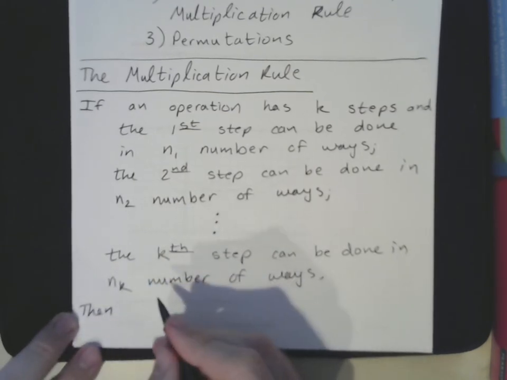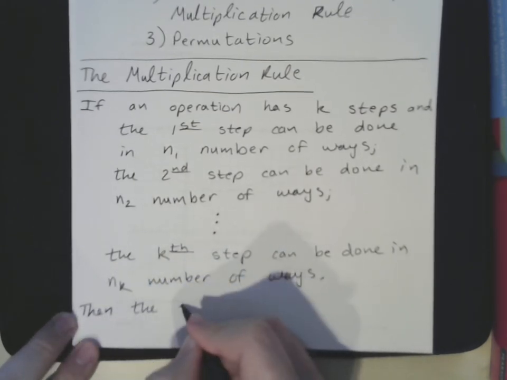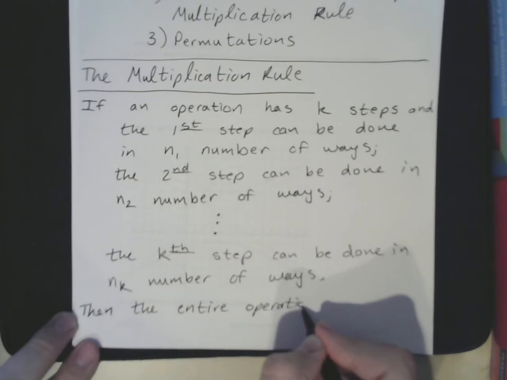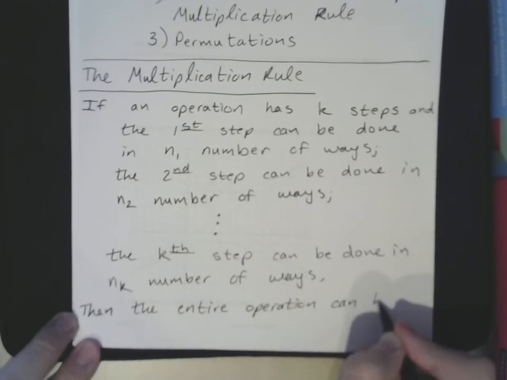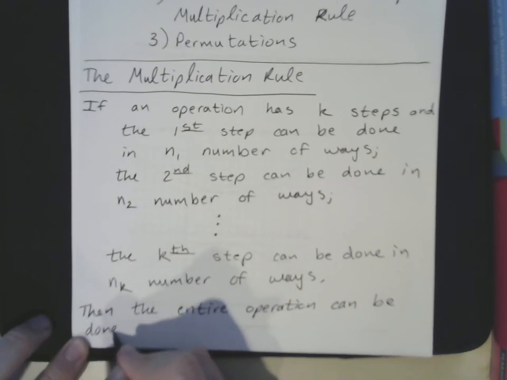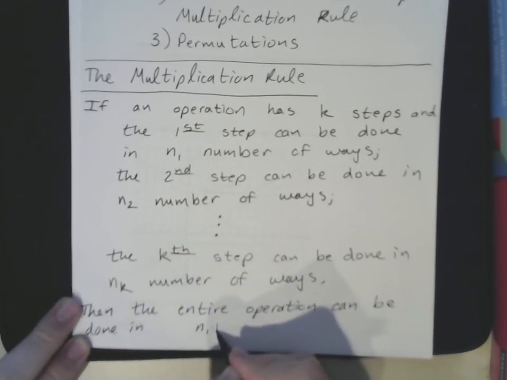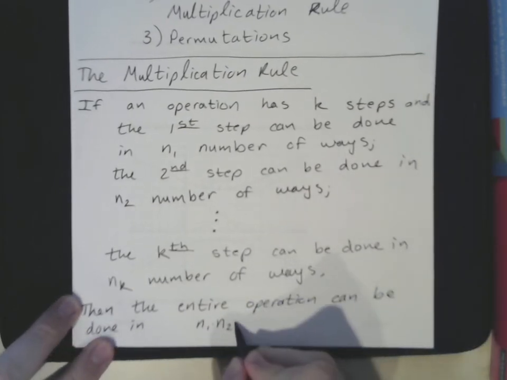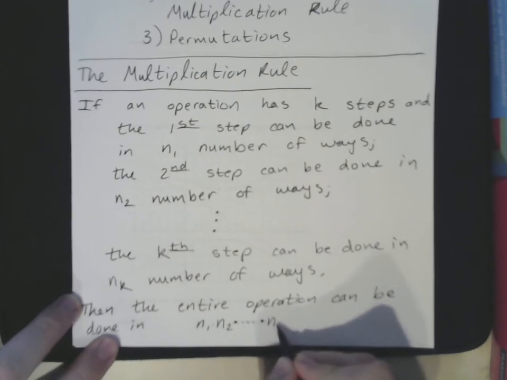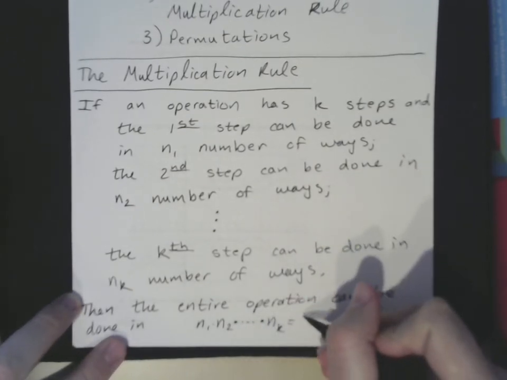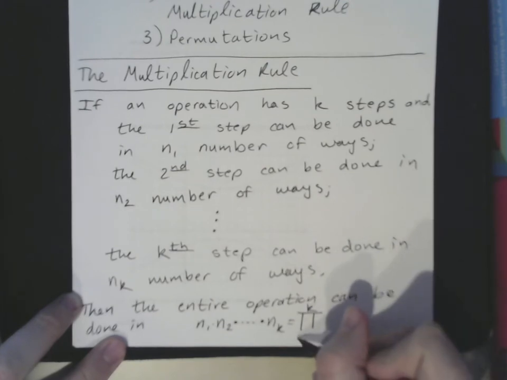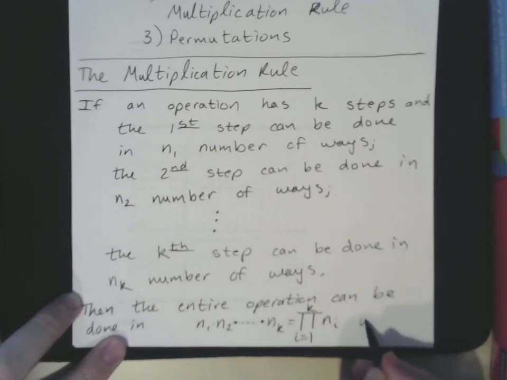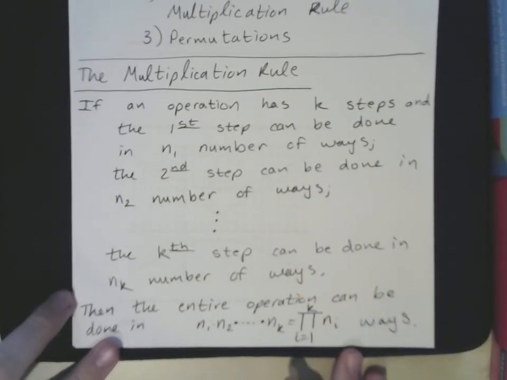Then the entire operation can be done in n1 times n2 times ... n sub k, or the repeated product from i equals 1 to k of n sub i ways.